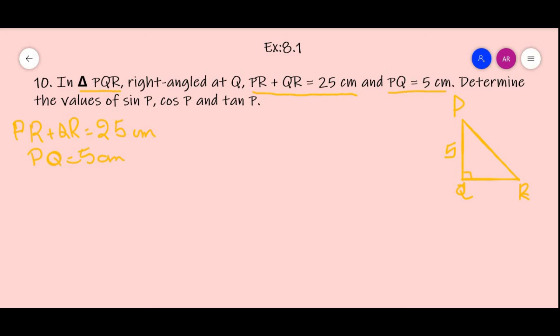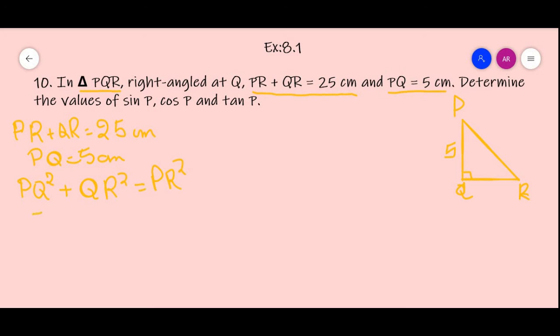If we want to write it in the form of Pythagoras theorem, we can write it as PQ square plus QR square is equal to PR square, which is our hypotenuse. Alright, we have just written our Pythagoras theorem, nothing else. And then what is PQ?